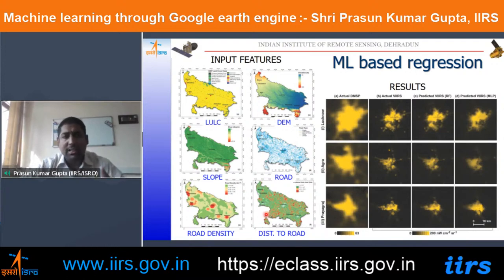So using GIS, using remote sensing, using open data, we were able to create a machine learning based regression model which can convert a 1 kilometer nightlight data to a 500-meter nightlight data. And using this, we are able to create a long-term time series data from the year 2004 till 2013, and then the VIIRS, which is available till today, has been merged to create a very long-term time series data.